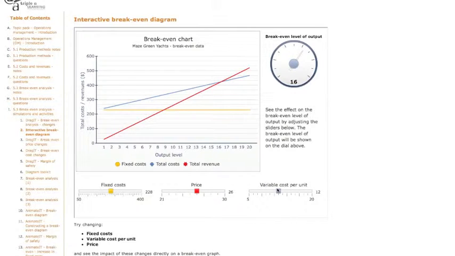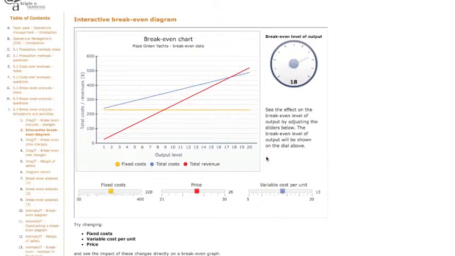And so as we can see, the lower the variable cost is, the lower the loss for the company is as well. And if we increase the variable costs, the less profit the company will have compared to their loss.